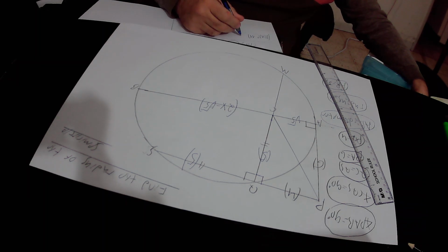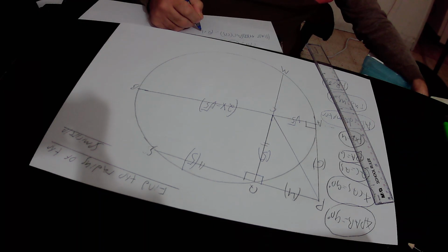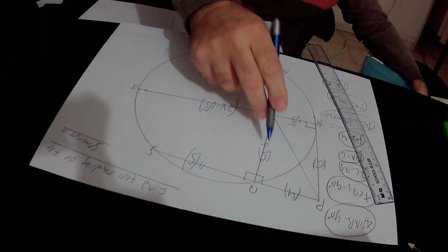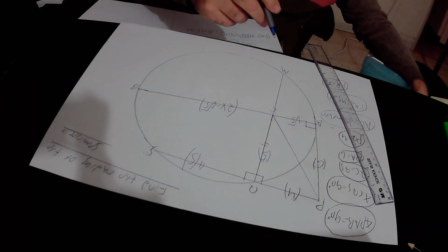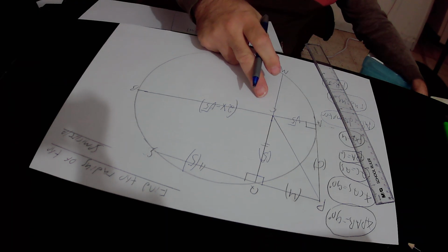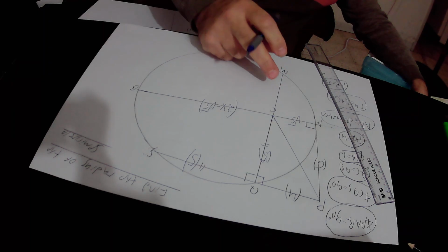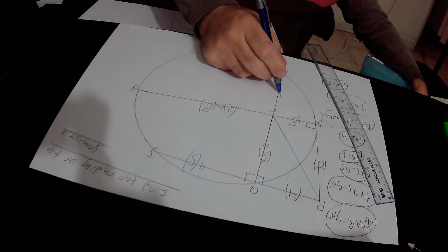Again, AC times CB equals QC times CM. We will define the length of line segment CM as b.